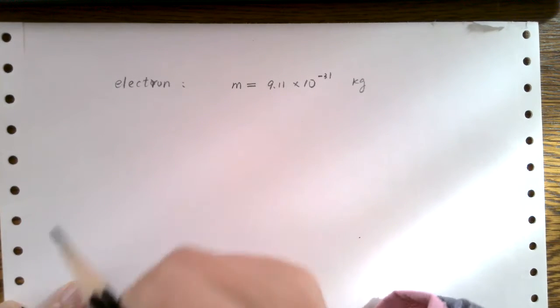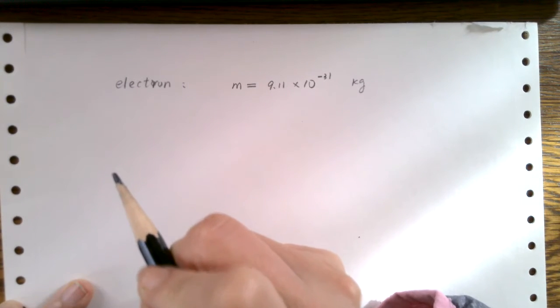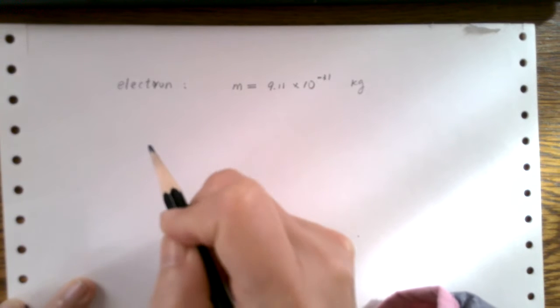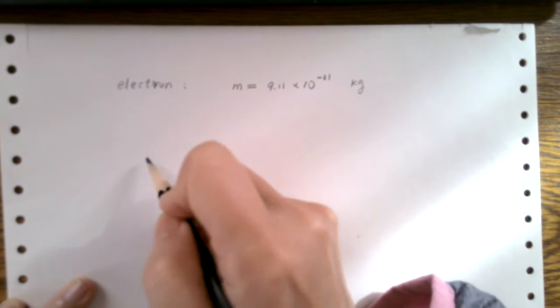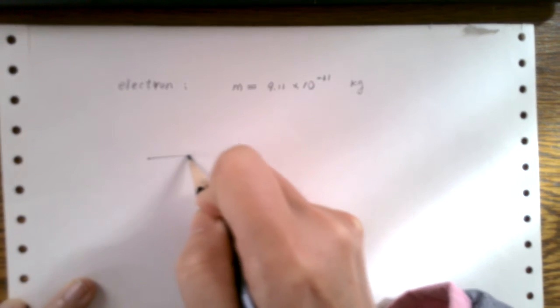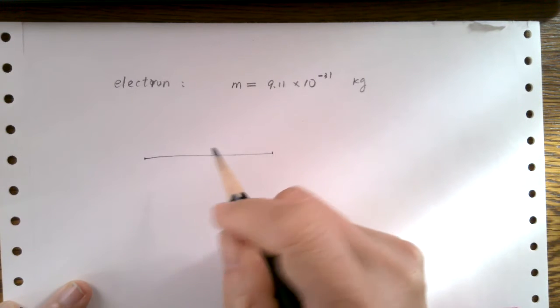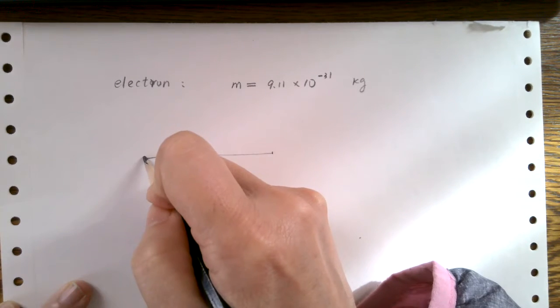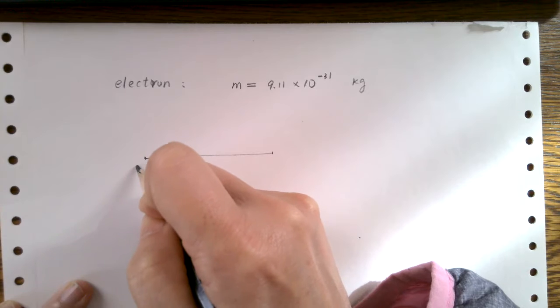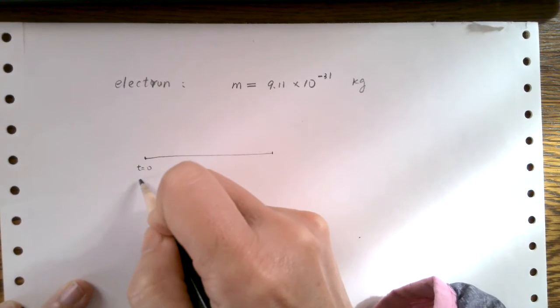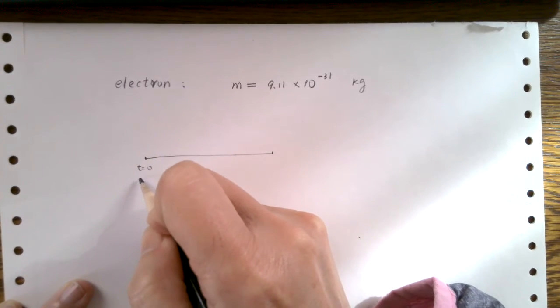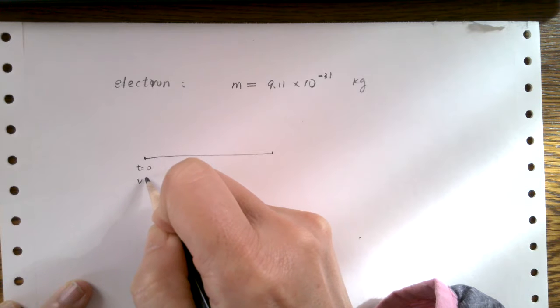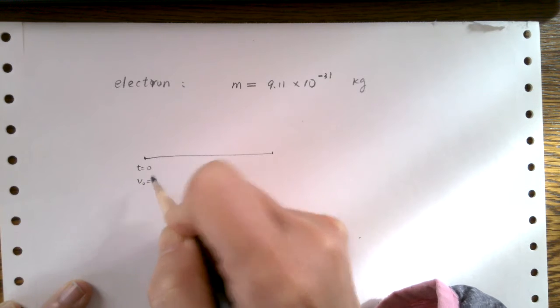Then we know it is moving with a uniform acceleration from rest to some distance. So we will treat this as a one-dimensional problem. At t equals 0, the velocity is 0, so v sub 0 equals 0.